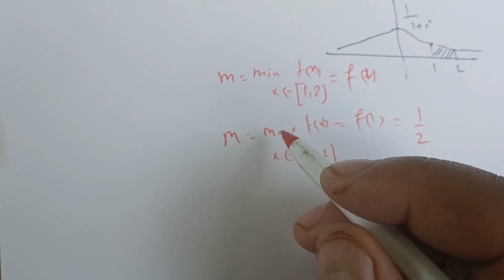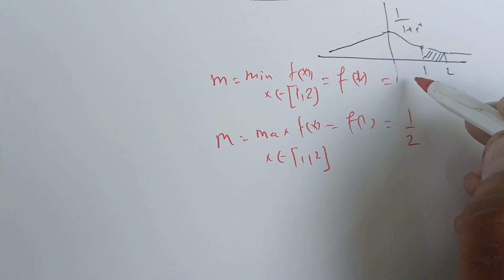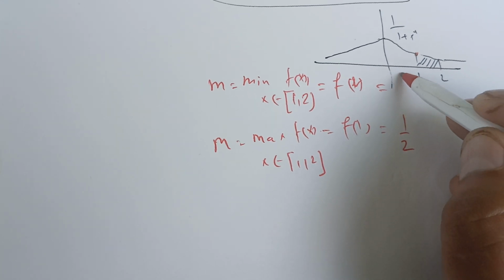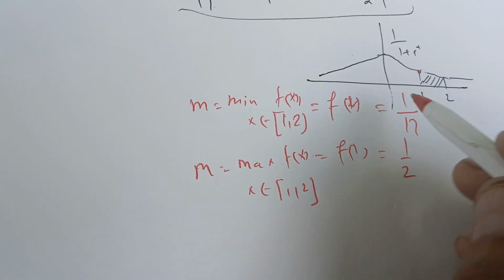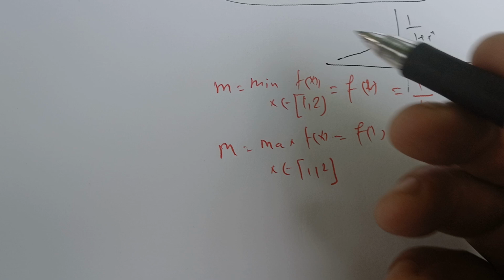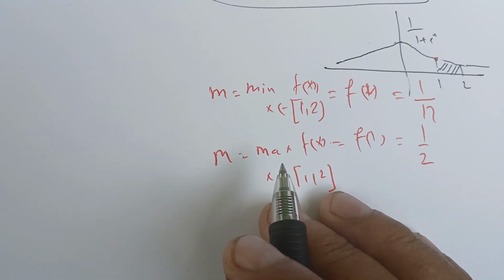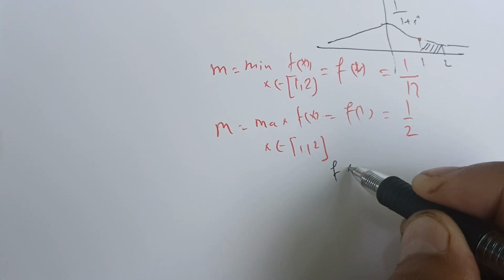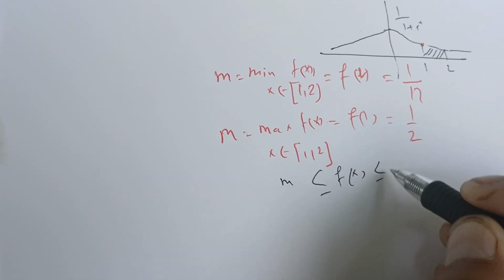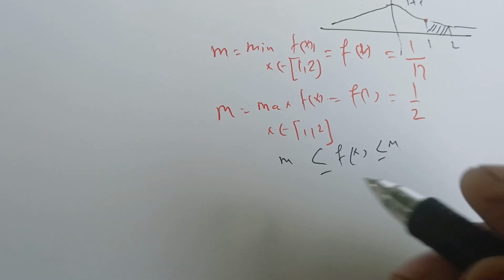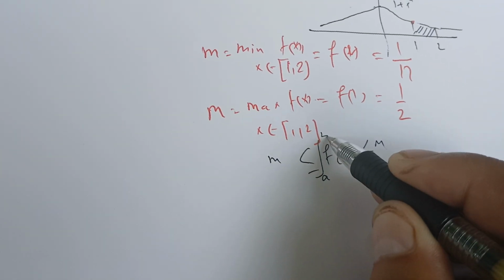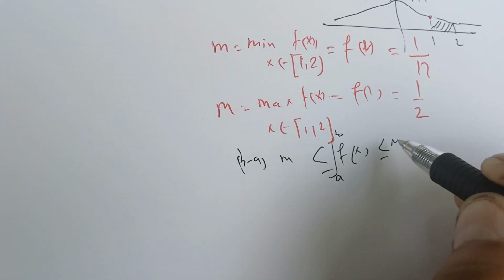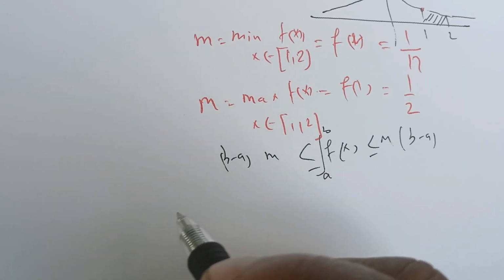And f of 2 is 1 over 1 plus 2 to the power 4. It's 1 over 1 plus 16. It's 1 over 17. And using what we know about the order in integrals, if f is between a minimum m and a maximum big M, then the integral of f of x between a and b is between m times b minus a and big M times b minus a.